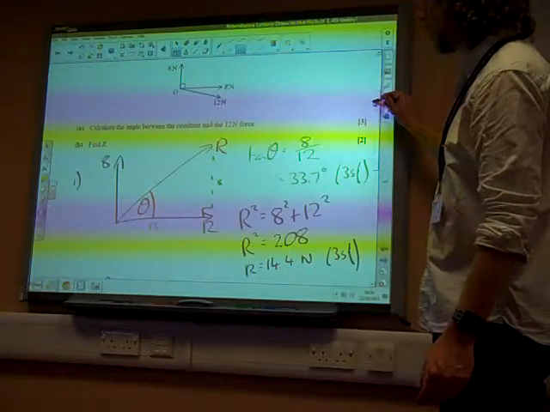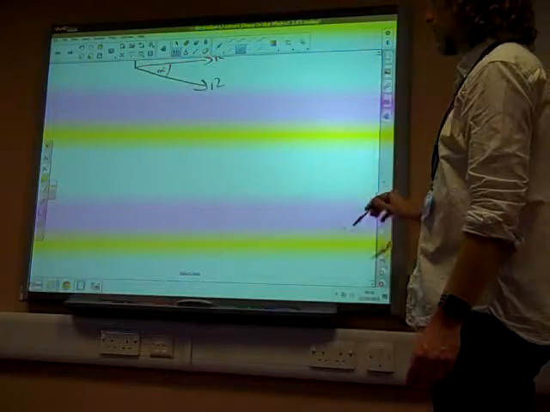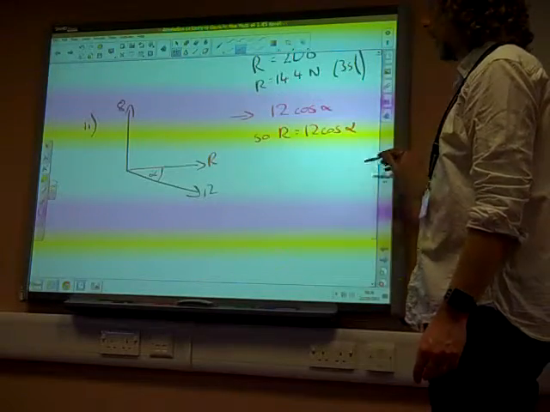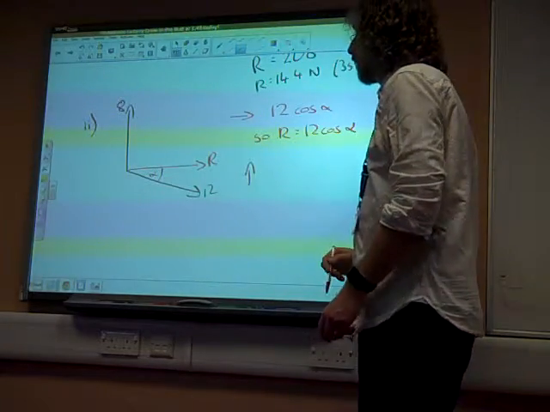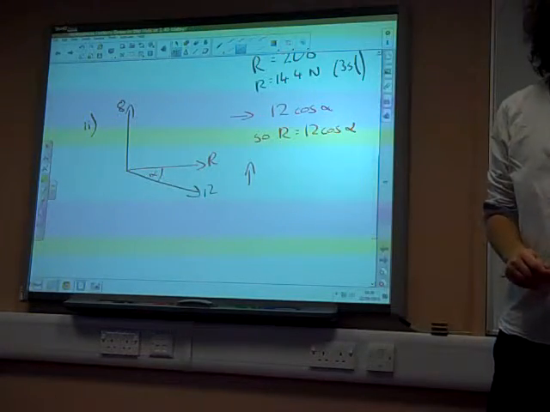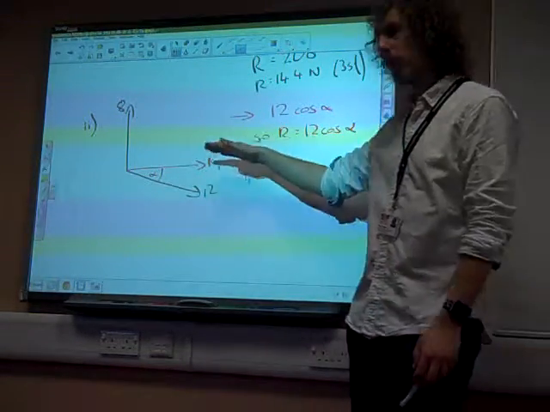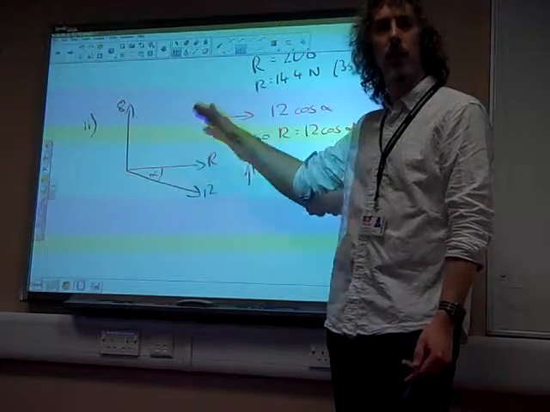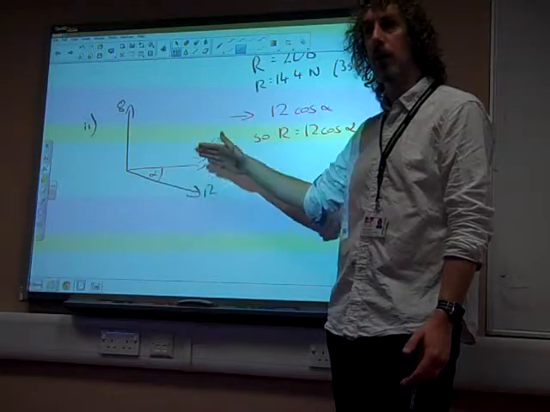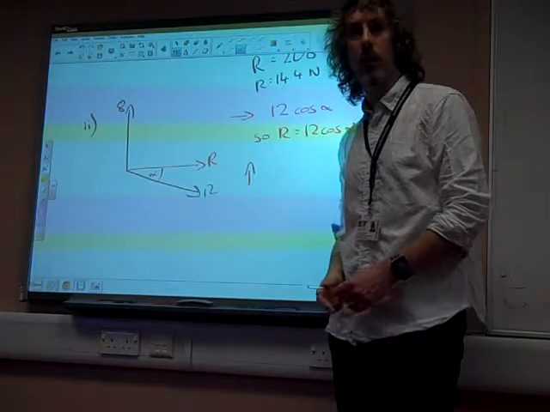What were we asked for? The angle between it and the 12 Newton force, right. If we think about vertical motion, then what we can see from our diagram is if R is a horizontal force, then the resultant force in the vertical direction is 0. R has no component in the vertical direction.